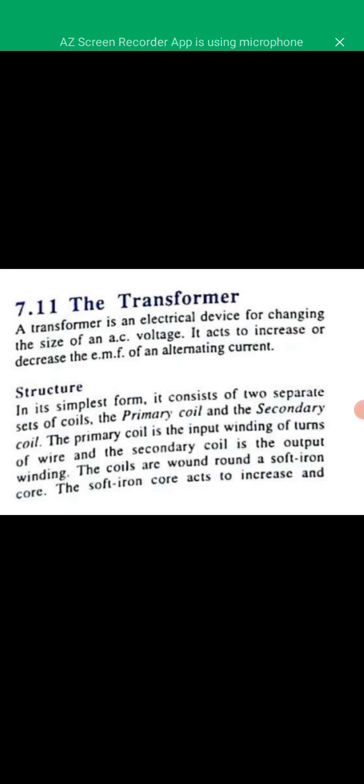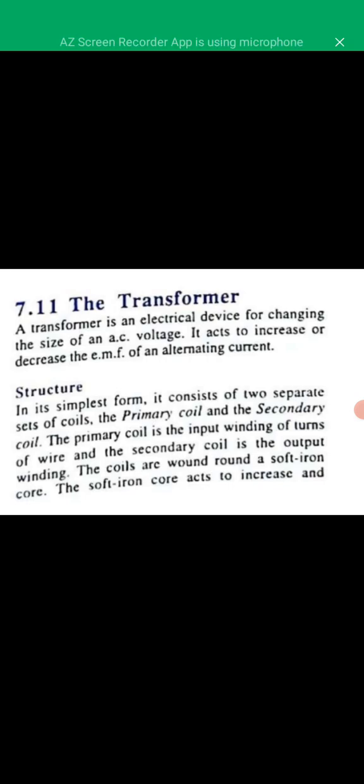The current that flows from our electrical power stations, from our high tension electrical networks to our transformers, is alternating current. So that fact has been established. Therefore, it changes the size, the magnitude of an alternating current voltage. It acts to increase or decrease the EMF, the electromotive force of an alternating current.